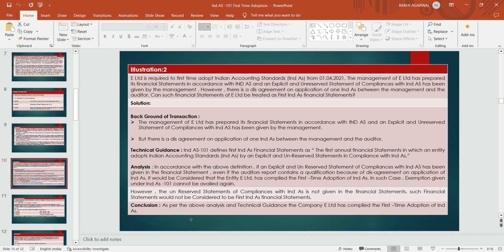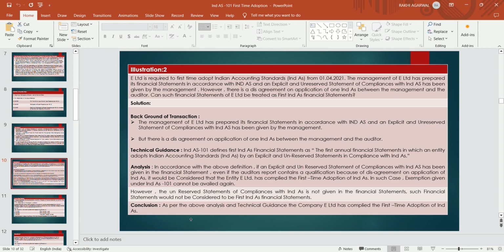Analysis: in accordance with the above definition, if an explicit and unreserved statement of compliance with IND-AS has been given in the financial statement, even if the auditor's report contains a qualification because of the disagreement on application of any one Indian accounting standard, it would be considered that the entity E Limited has complied with the first time adoption of IND-AS. In such case, the exemptions given under IND-AS 101 cannot be availed again.